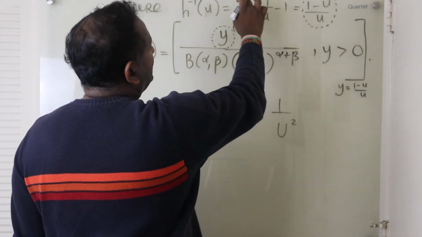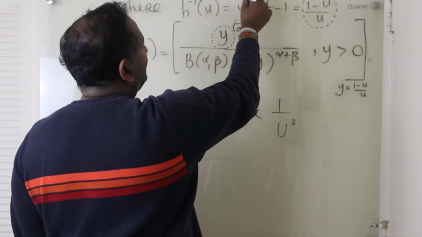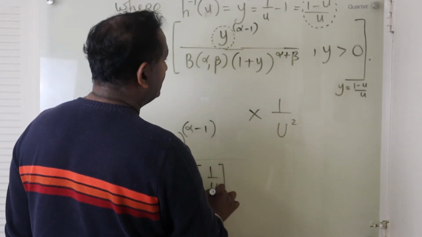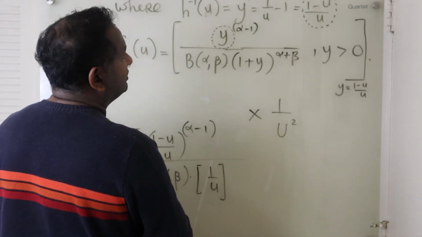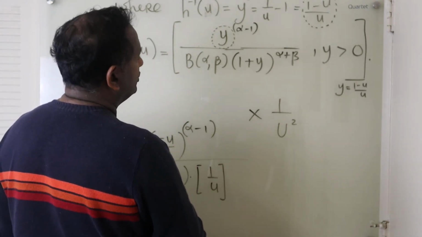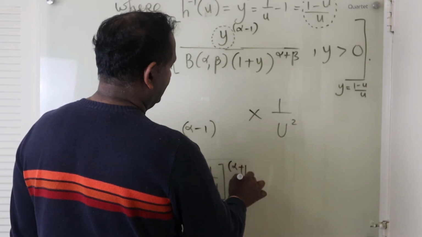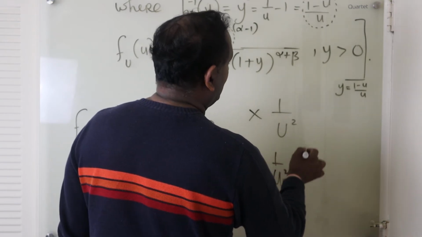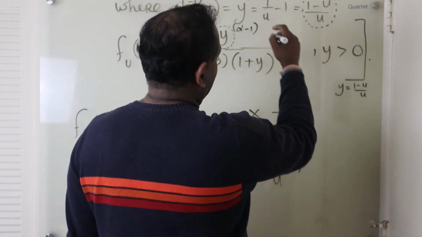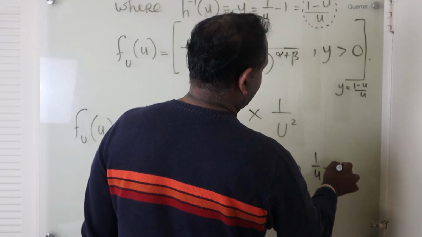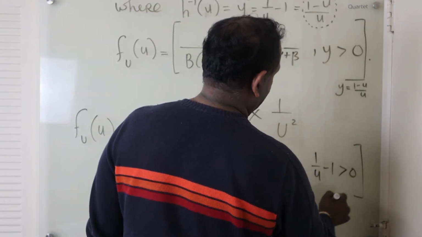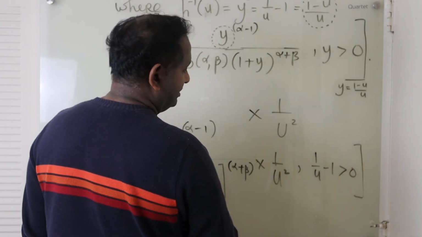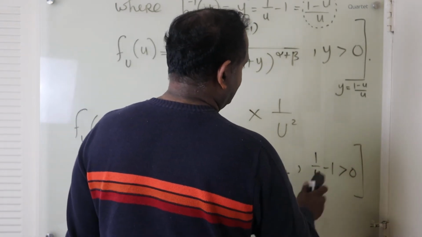If you bring the 1 to this side, 1 plus y is nothing but 1 over u, to the power of alpha plus beta, times 1 over u squared, and y greater than 0 means 1 over u minus 1 greater than 0. I wrote that outside.